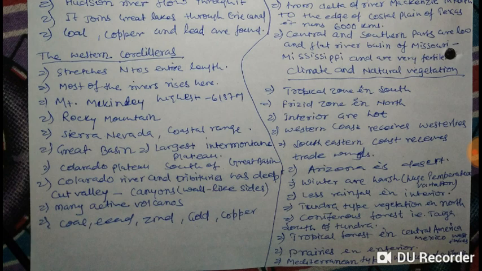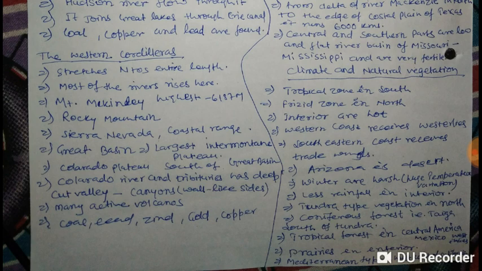Then interiors are very hot. Next, western coast receives westerlies, very obvious. Next one is southeastern coast receives trade winds. This is important. That is why in this region there is a monsoon type of climate. Southeastern region I'm talking about, this receives trade winds.